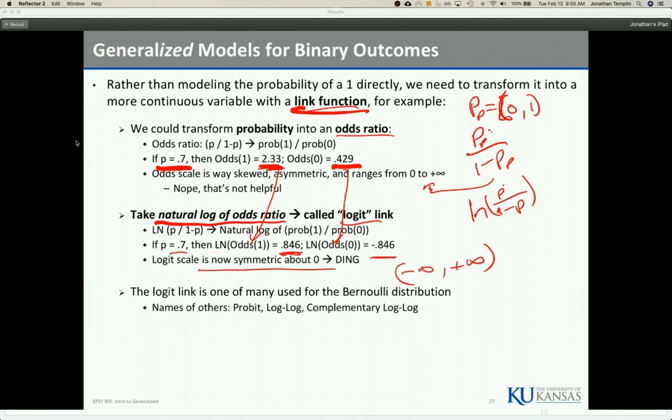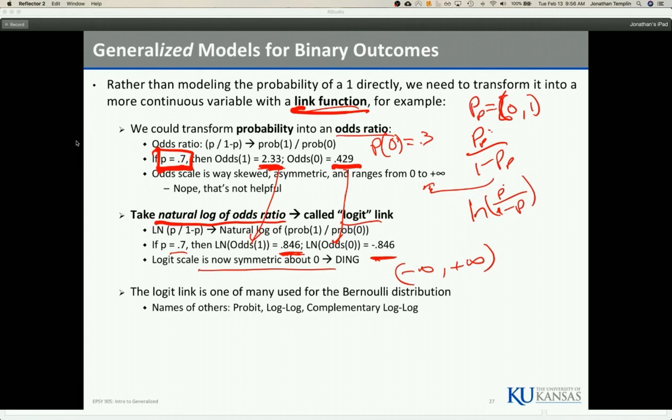If the probability of the event occurring was 0.7, that means the probability of a 0 was 0.3. But those give us numbers that are on one side of 0 or the other. They're reflective about 0. So the log odds, or the logit, is the link function that we're going to use today. That's where logistic regression gets its name, the logit itself.